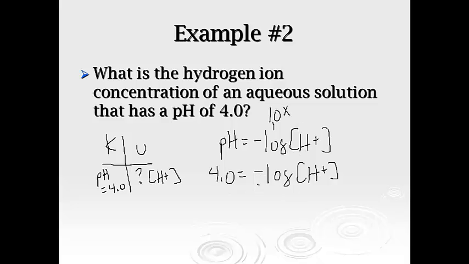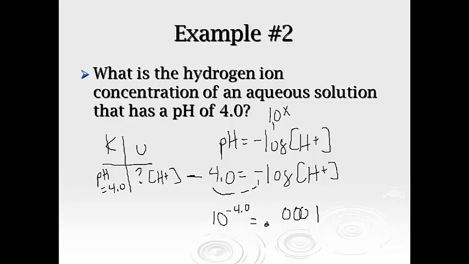The way that you're going to solve that, we're going to bring this negative sign over here, and we're going to take 10 to the negative 4.0. Again, you don't have to completely understand the math, but you type in negative 4 on your calculator, and you hit 10 to the x, and what you're going to end up with is 0.0001.